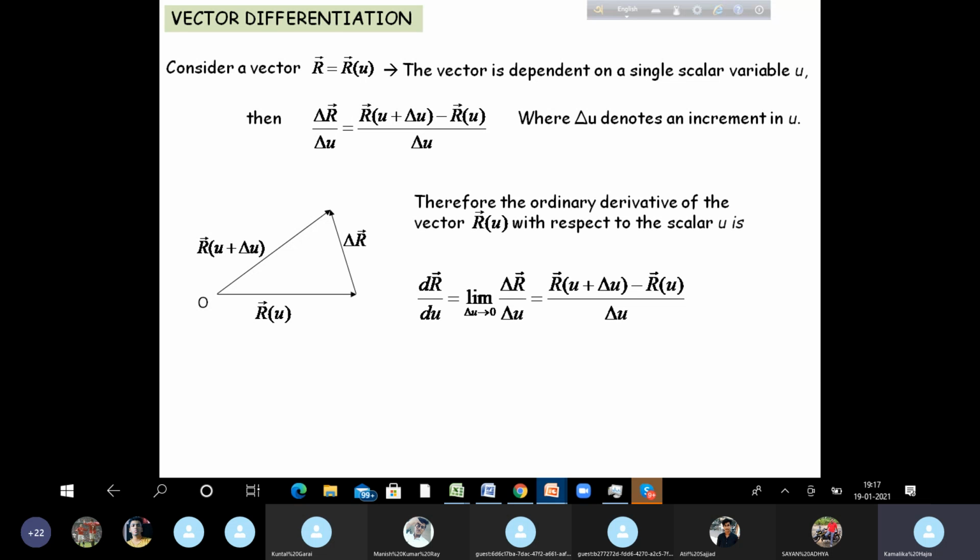The ordinary derivative of the vector R with respect to the scalar u is defined like this: dR/du is the limit as delta u tends to 0 of delta R by delta u, which is equal to R at u plus delta u minus R at u, divided by delta u. I hope all of you can differentiate.